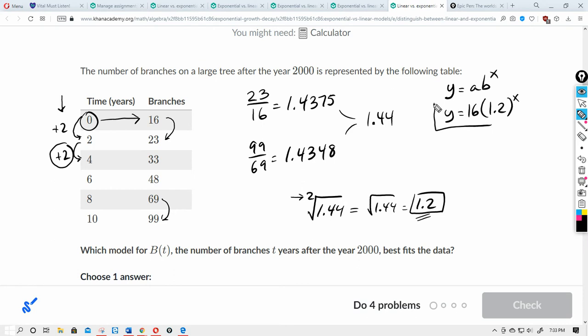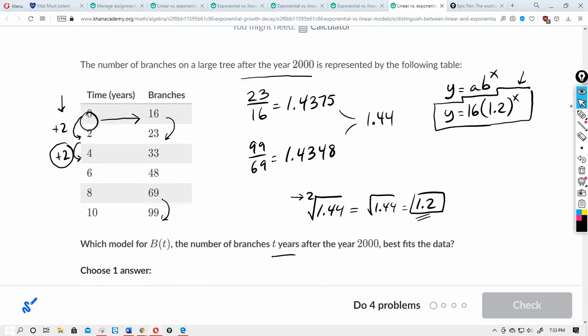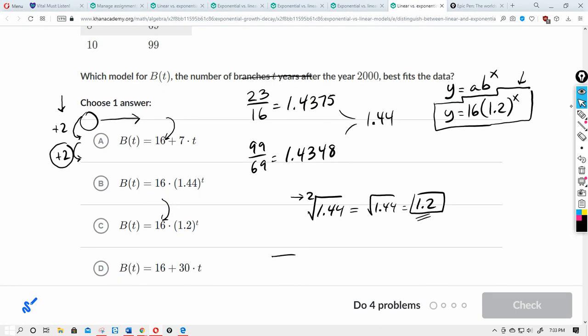So whatever answer is closest to this will be our answer. Okay, and bear in mind, they may use different variables. Since it says after the year 2000, this x may be a t for time. See, they said t years, so the x might be a t, but still this is your basic equation. So let's see. 16 times 1.2 to the x. Okay, and that is answer C. That's the closest one. 16 times 1.2 to the t.